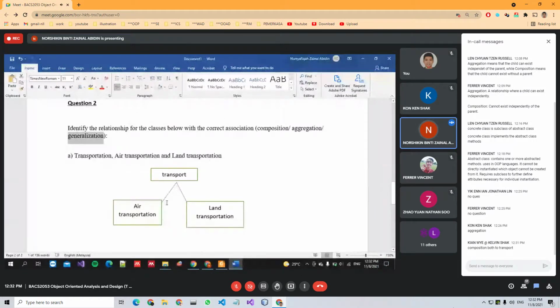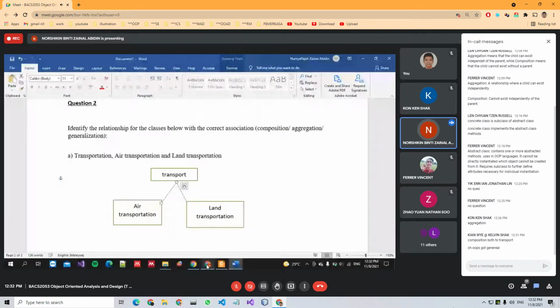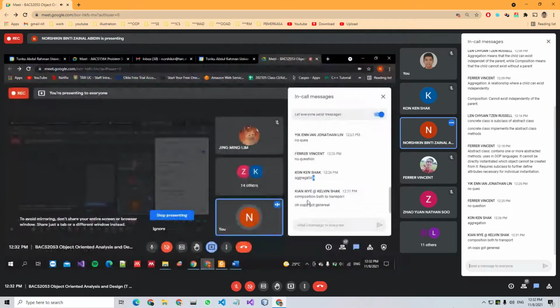What is generalization? Composition both to transport. So what is generalization?